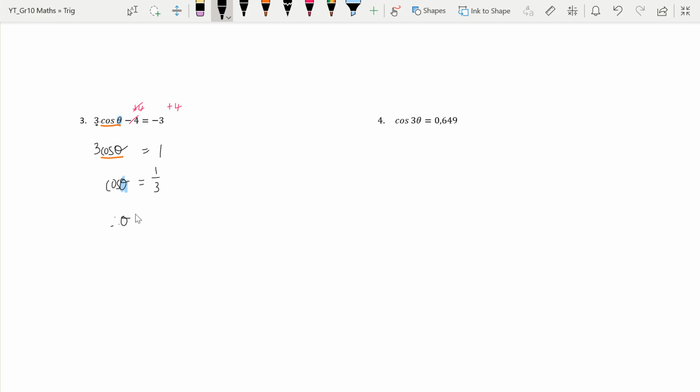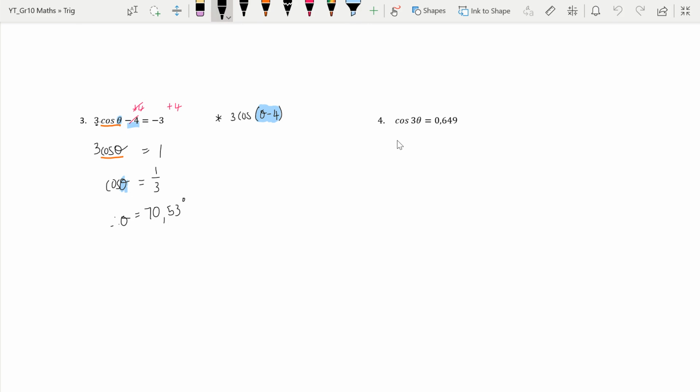In this case, theta is equal to 70,53 degrees, rounded off to 2 decimal places. Note, this is important, if it was 3 cos and then in brackets theta minus 4, that is something else. Then it means that this 4 is part of the angle, and we will get to an example on how we deal with that. But in this case, it wasn't in brackets, so we can take it over to the other side.